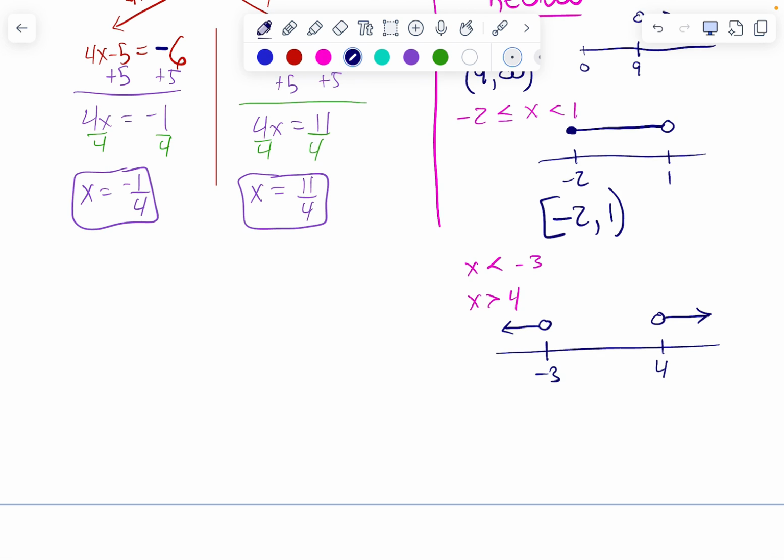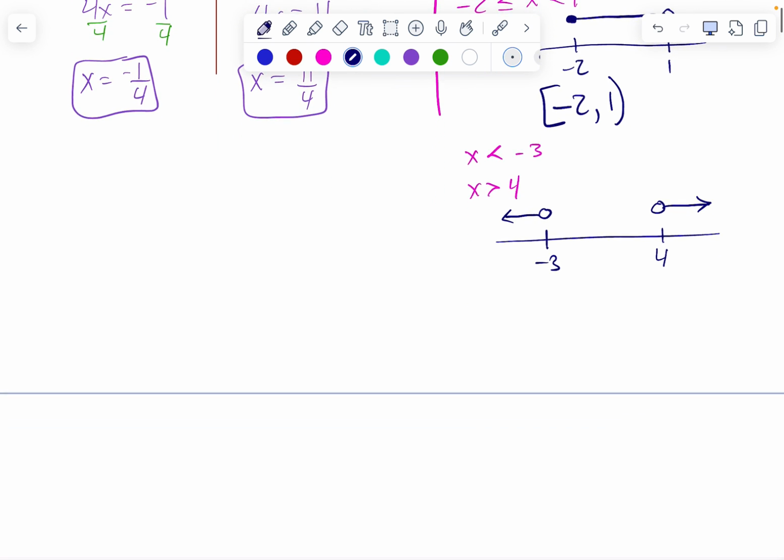So in terms of an interval, we have to write 2 chunks. Okay, let's write the interval for the left piece. What is the interval for the left piece? How about you, Luis? Okay, where does it start?